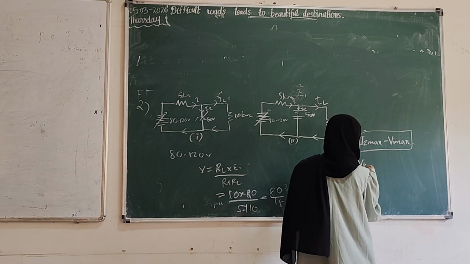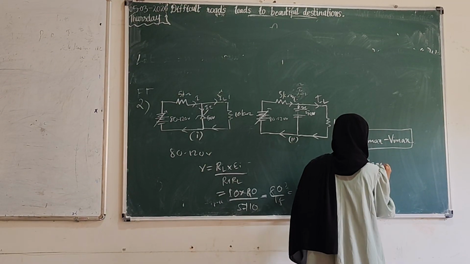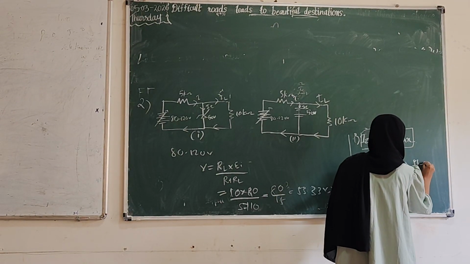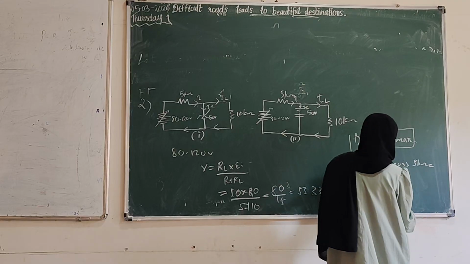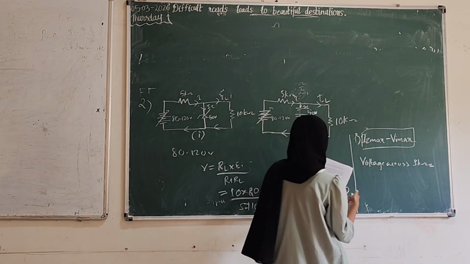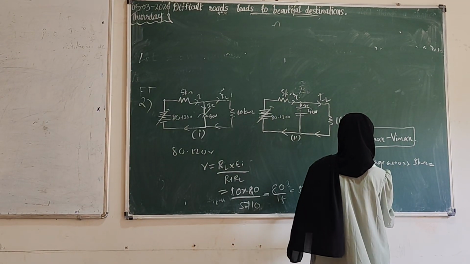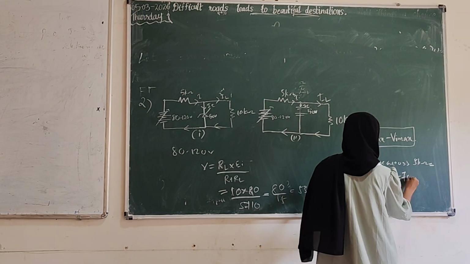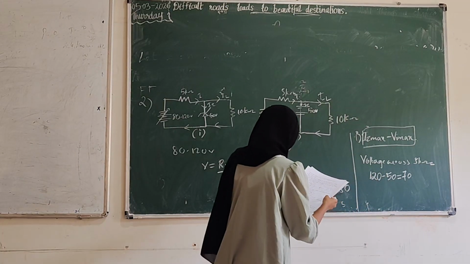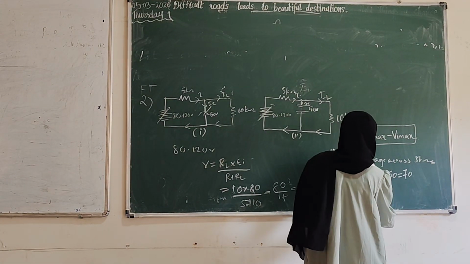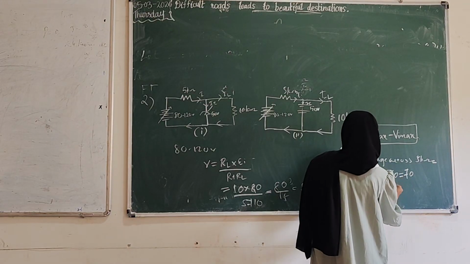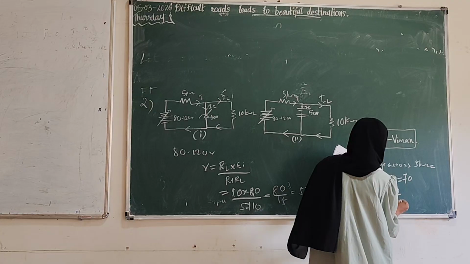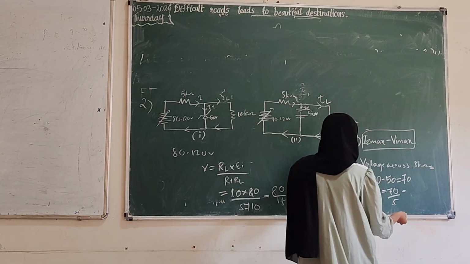We want to find the voltage across the 5 kilo ohm. By applying Kirchhoff's law, we get 120 minus 50, that is 70. Then the current through it will be 70 by 5, that will be 14.